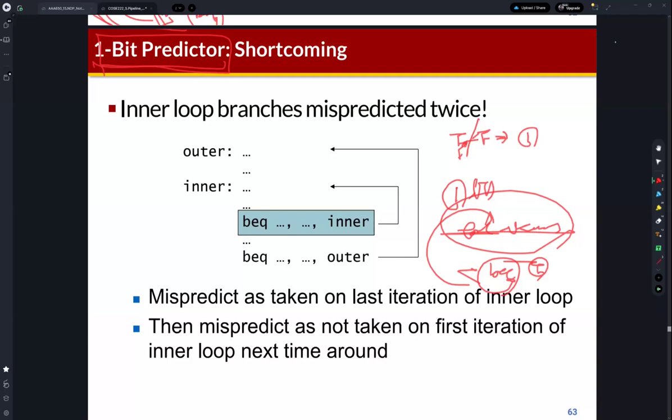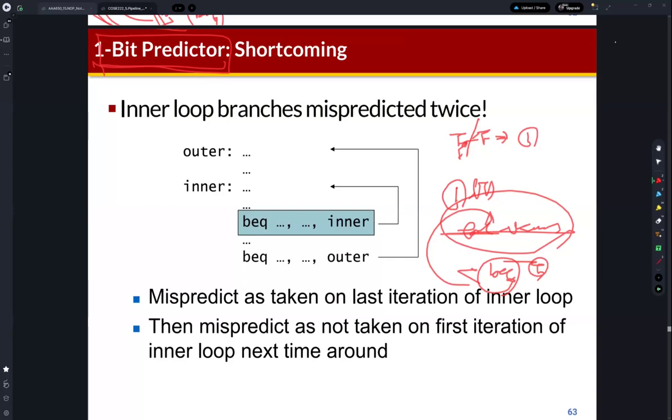We can use this prediction technique because the prediction rate is very high in the CPU. If the prediction rate were very low, we could not use prediction technology. But in the CPU the prediction rate is very high, so we can use branch prediction.